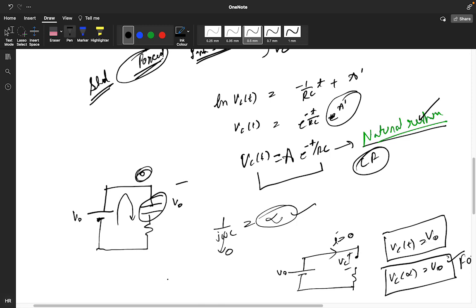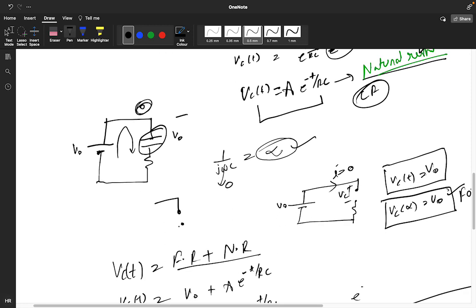That's why we remove the capacitor and make it an open circuit, with positive, negative, and this is your R. If it is open circuit at infinite time, what Vc of infinite will you get? V0. So we got our forced response.